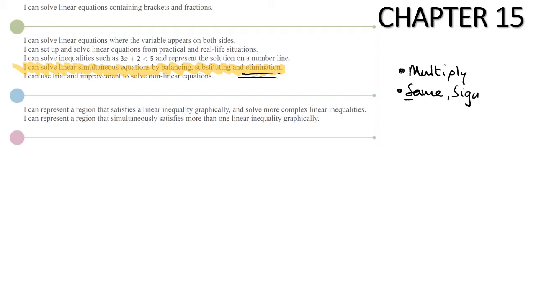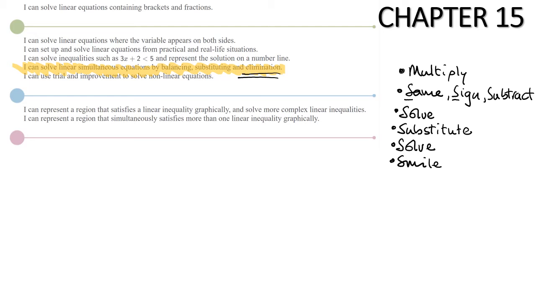And if we have the same sign, we subtract. And then after that, it's going to be a simple equation to solve. Once you solve that equation, you need to substitute because we need to find the value of the other letter. Once we substitute, there will be another easy equation to solve. And then we can smile because we have now solved that easy equation.